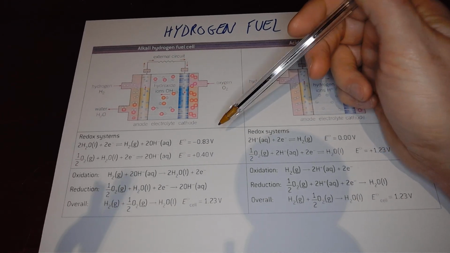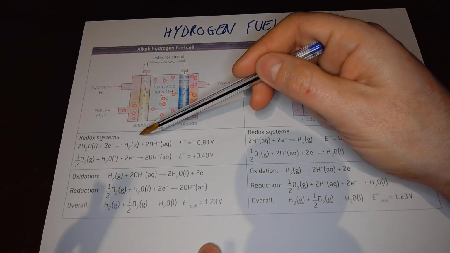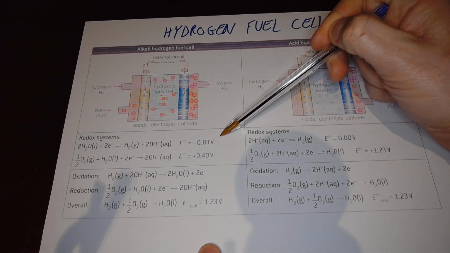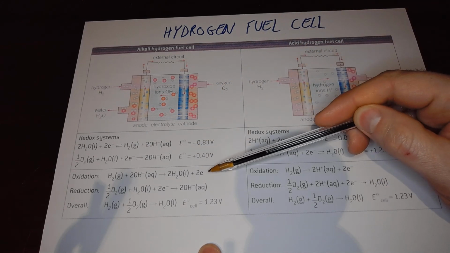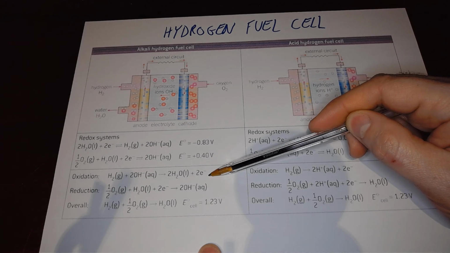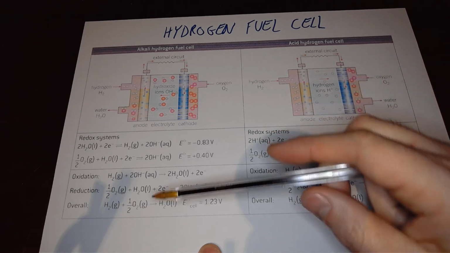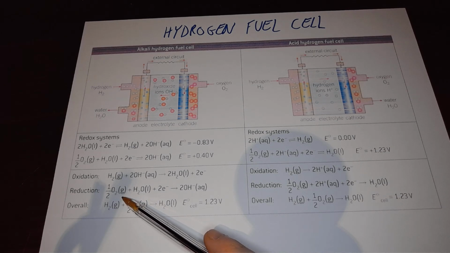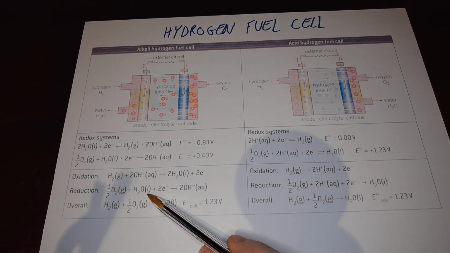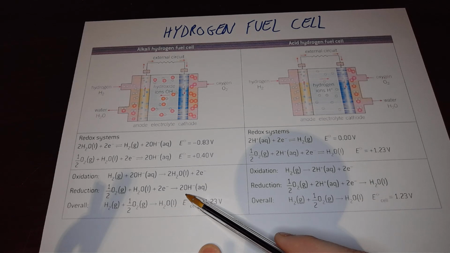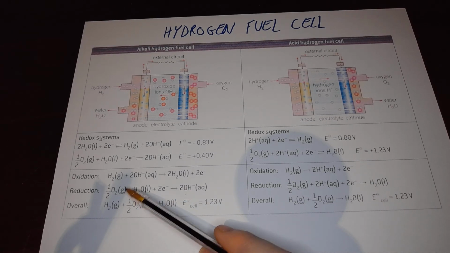In this one, the hydrogen reacts with the hydroxide ions. This one's more negative, so it goes backwards. You can see here it is written out again, producing water and electrons. The reduction that occurs is the oxygen reacting with the water plus the electrons to make hydroxide ions. You can see they cancel out.